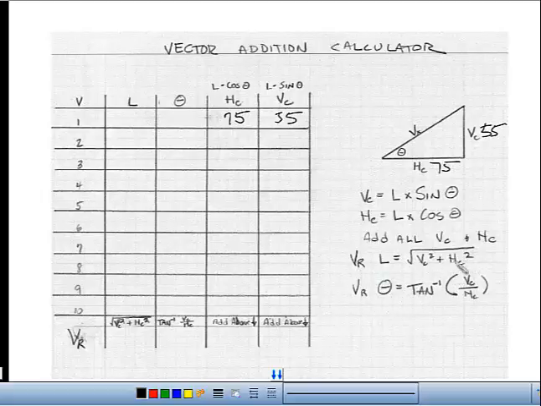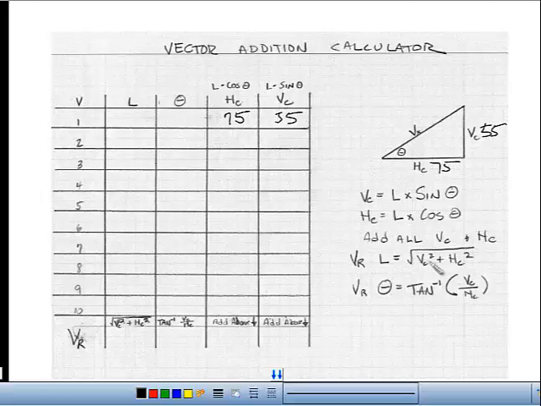Pythagorean theorem. Knowing the opposite and the adjacent, the vertical and the horizontal, use Pythagorean theorem. That should look familiar. That's how we're calculating voltage drops in a series RL circuit, and how we're adding currents in parallel when you have RC or RL.